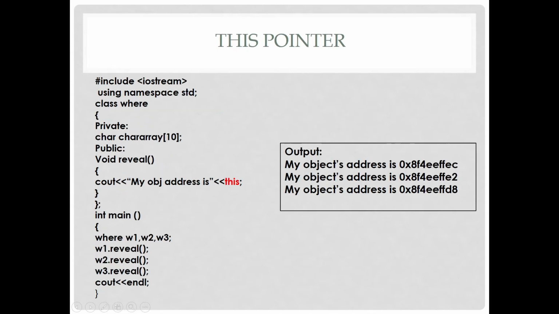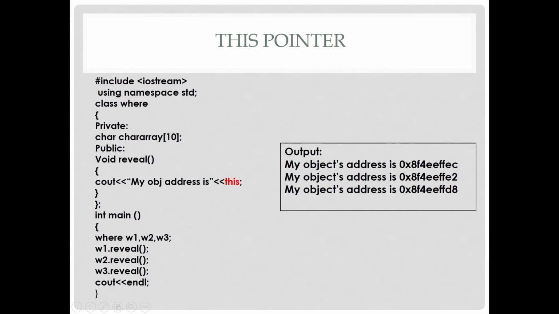Okay, and there is an important concept which you call the this pointer. What does it do? It displays the address of an object. Till now, what we were seeing was the address of a particular variable, but the this pointer displays the address of an object. Now coming to your main program, you have w1, w2, w3. You have three objects.